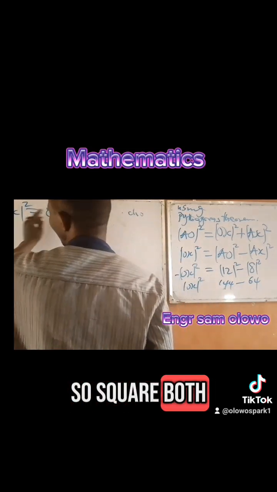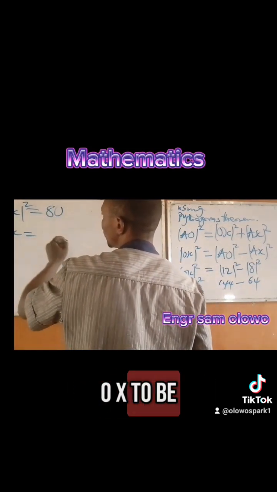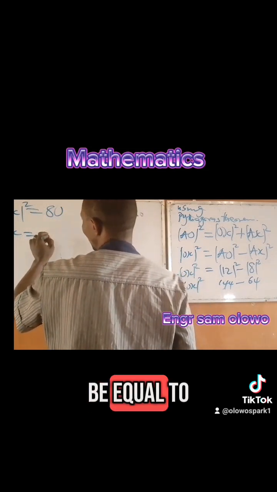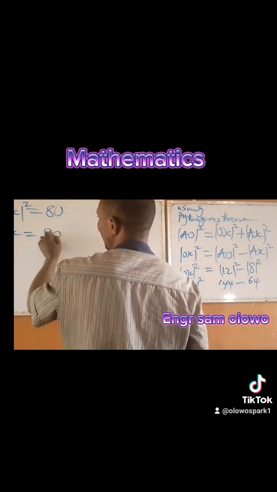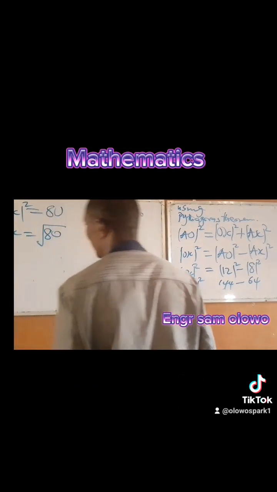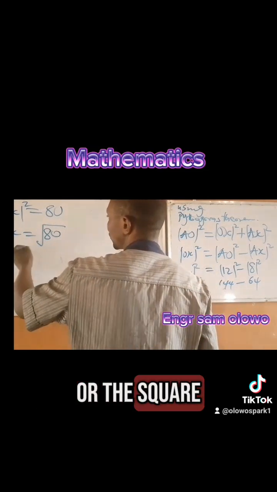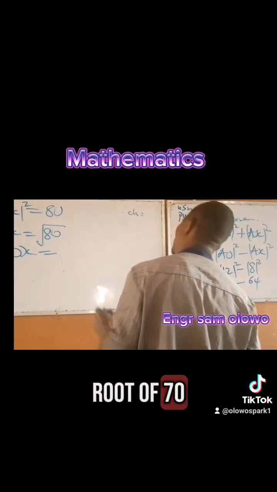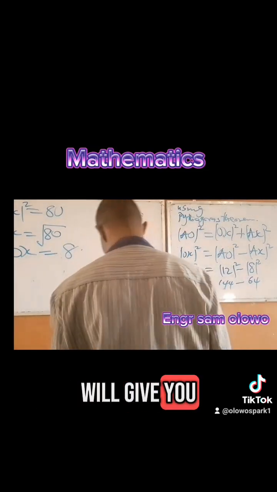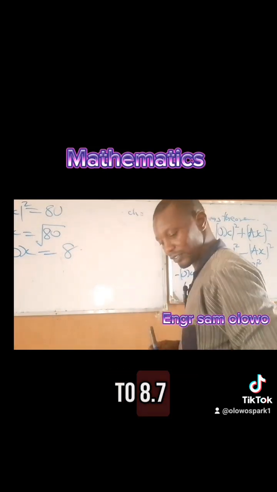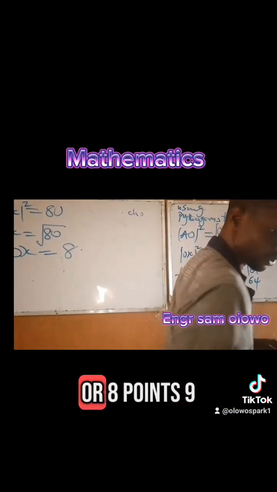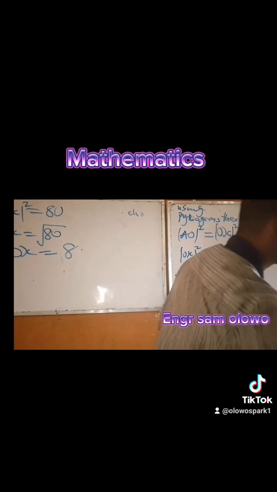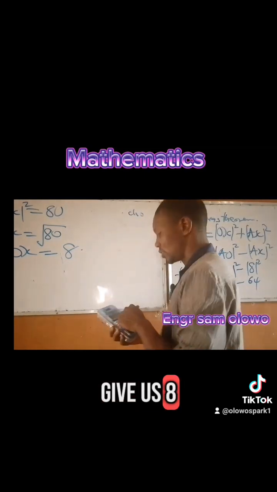So we take the square root of both sides. We have OX to be equal to the square root of 80. If you press your calculator, the square root of 80 will give you 8.7. Let's confirm that from our calculator. It gives us 8.9.